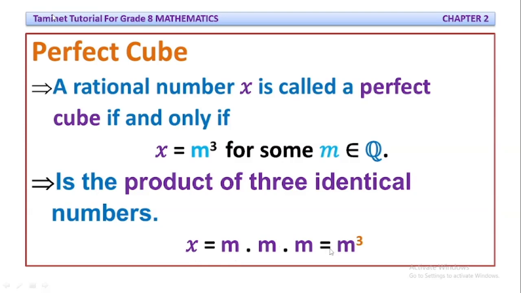It is the product of three identical numbers from the set of rational numbers. So we can call x a perfect cube, and because of the presence of m cubed, we get the value of x from the set of rational numbers.